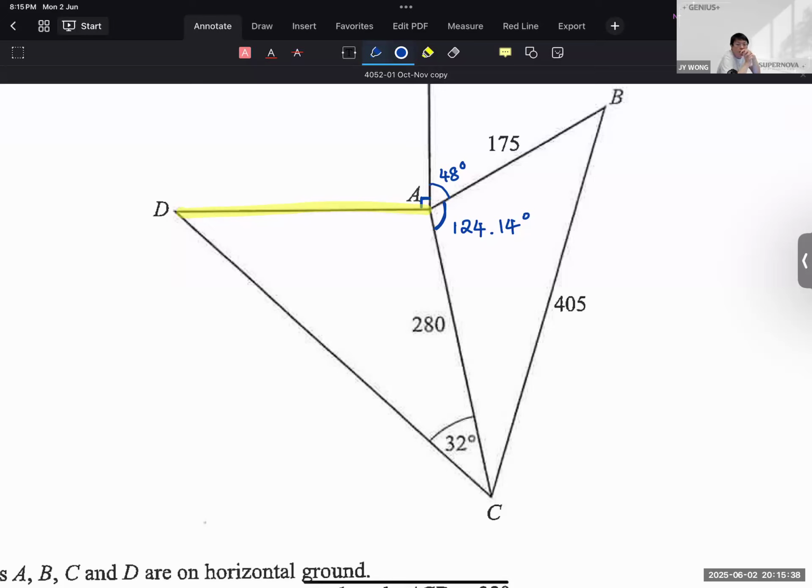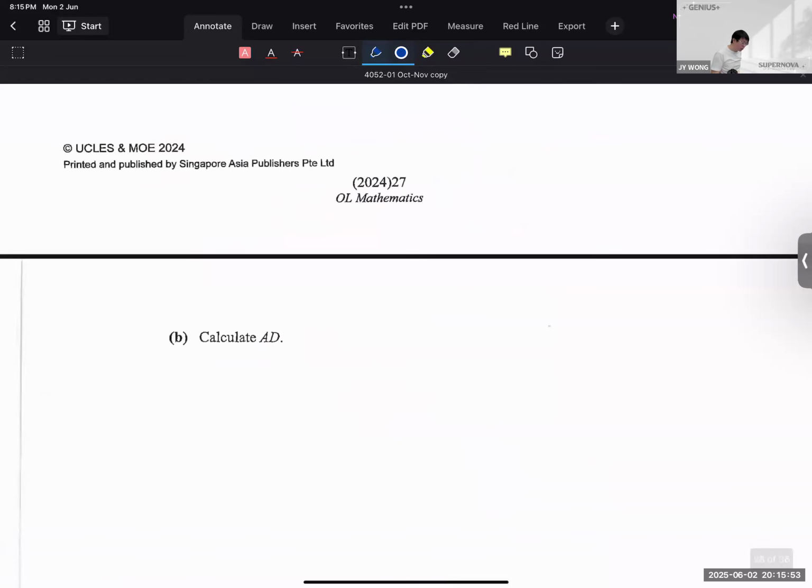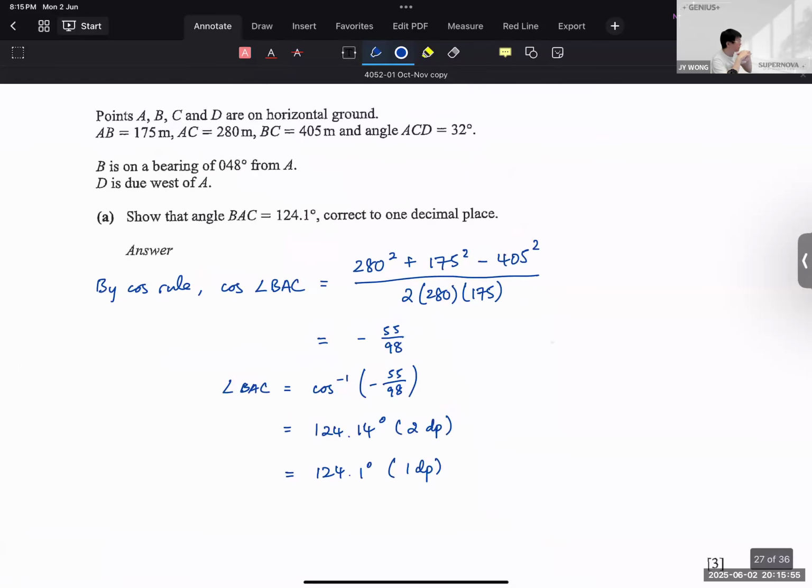If you want CD, then my next question to you will be how to find CD. It is not impossible to find CD, but then you are jumping through many hoops already. Then your 3-mark question becomes like a, is it 3 marks? Yeah, your 3-mark question will become like a 6-mark question or something. 6 marks worth of steps for 3 marks. Not worth it.